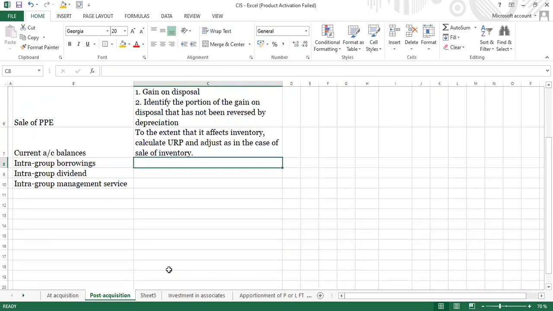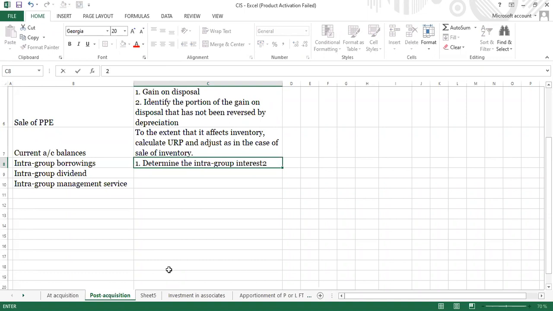Intra-group borrowings, again, one person is the lender, another person is the borrower. The borrower would have incurred finance costs, and the lender would have earned interest income. The principle is simple. Number one, determine the intra-group interest.